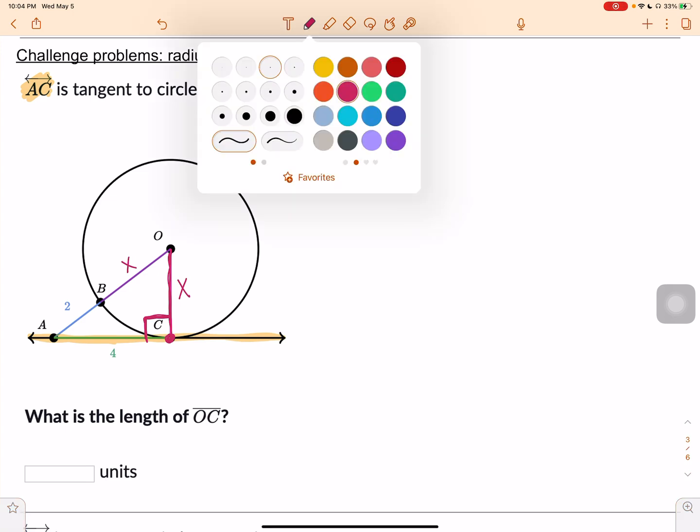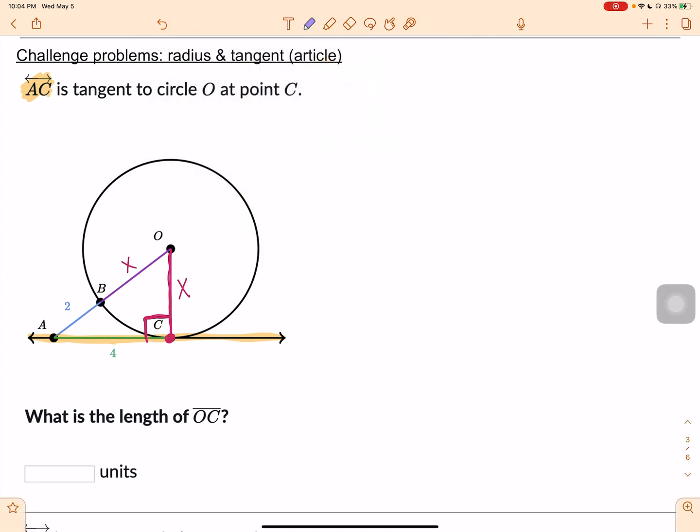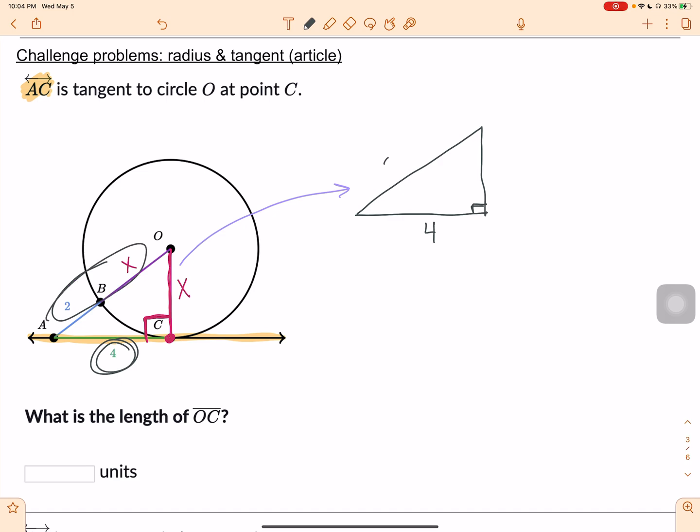So if we were to use the Pythagorean theorem, I want us to just redraw this right triangle. I know that the bottom length is 4. The hypotenuse here is 2 plus x. And this length here is x. Let's see if we can find what x equals.